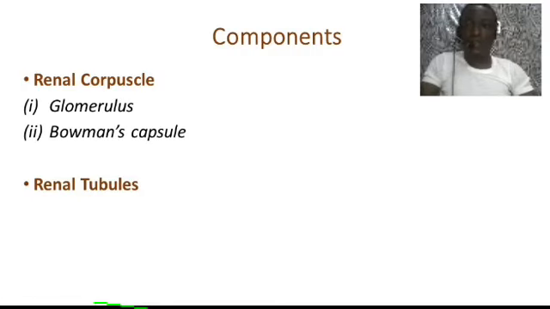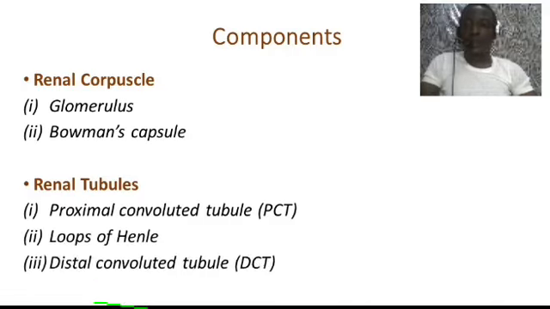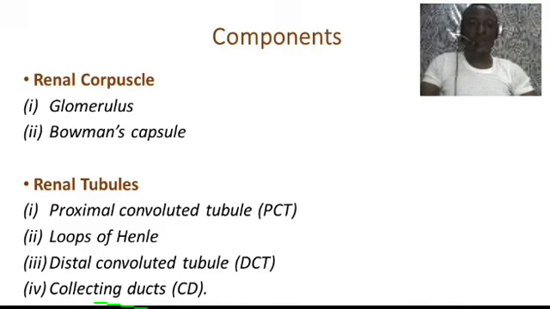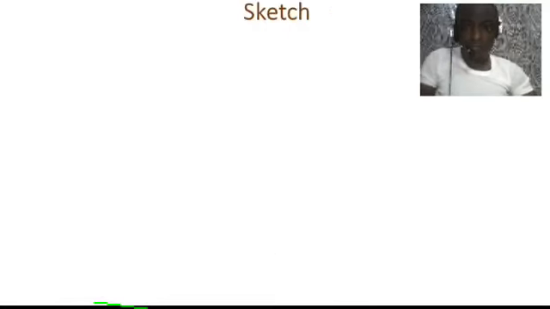The renal tubule is made up of the proximal convoluted tubule, that's the PCT, the loops of Henle, the distal convoluted tubule, and lastly the collecting ducts. We are going to look at the meaning and the physiology of each and every component of the nephron in this lecture.